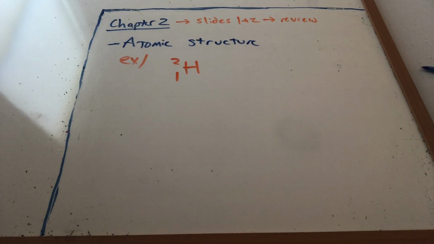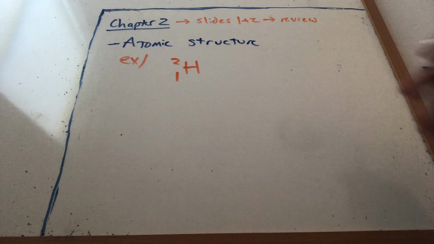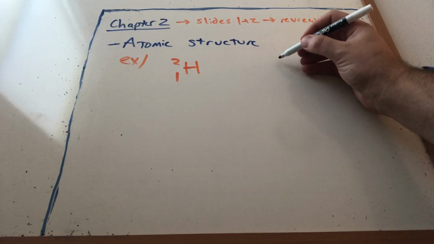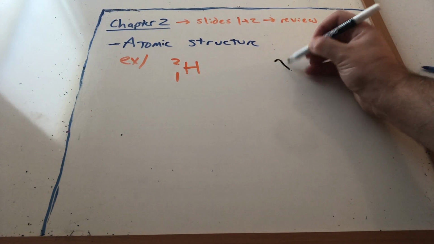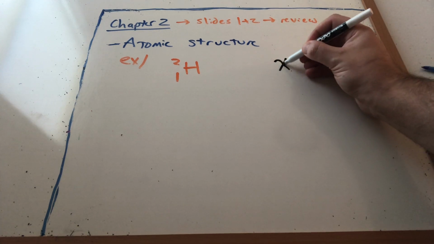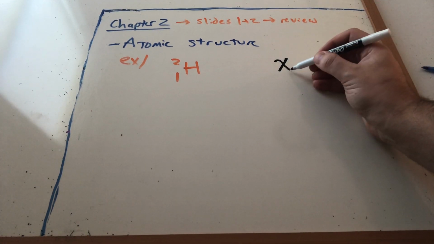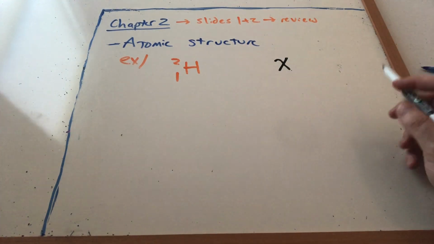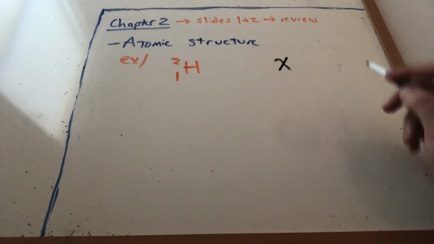This is the sort of atomic symbol you'll see, and I just want to write the general structure off to the side here. What you'll see for your atomic symbol is there's going to be a placeholder, and I'm going to call this the Greek letter chi. Now, chi is going to be one of the elements from the periodic table. In this case, I'm picking H, which is hydrogen.